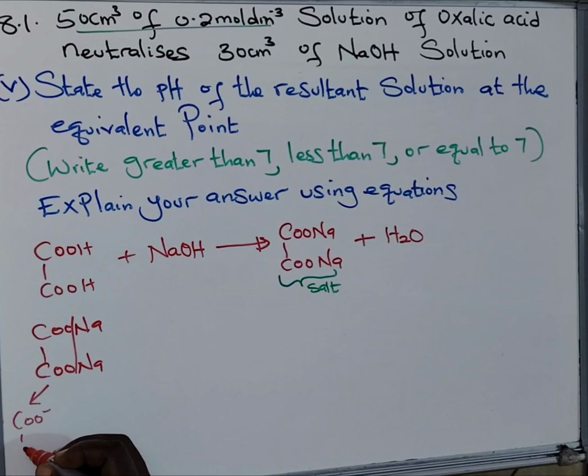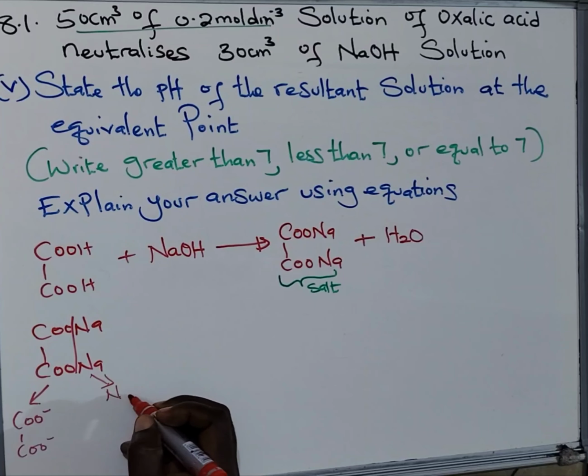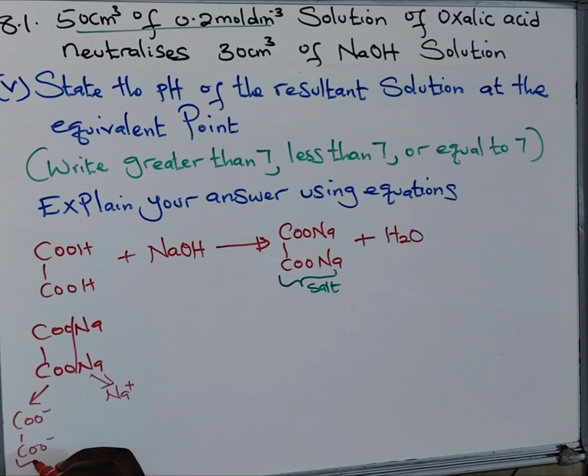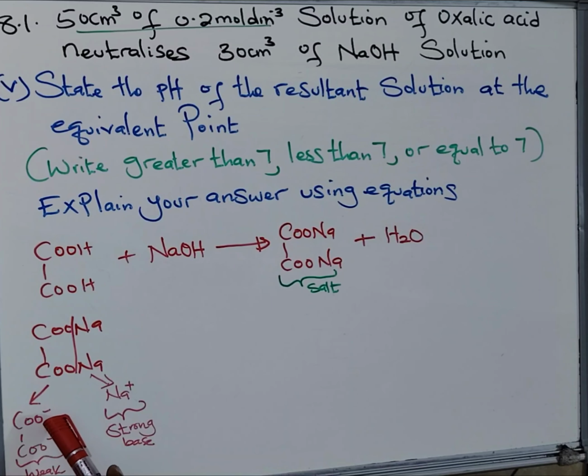You have the oxalate ion and you have the sodium ion. And we know that this one comes from a weak acid, and this one comes from a strong base. Yes, this one comes from oxalic acid, which is weak, and this one comes from sodium hydroxide, which is strong.